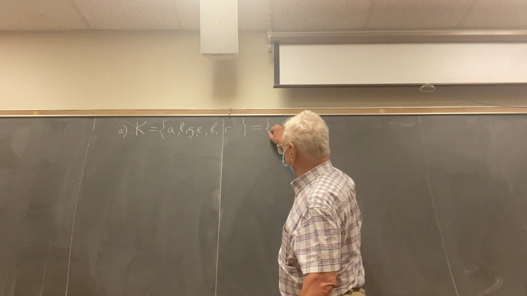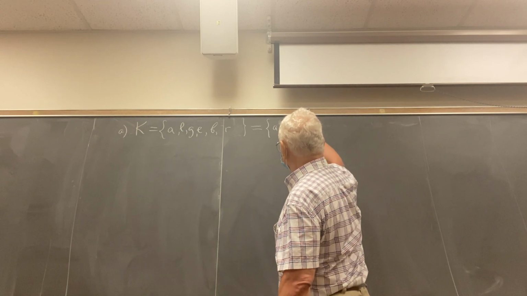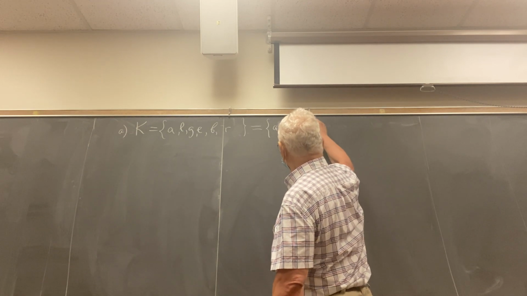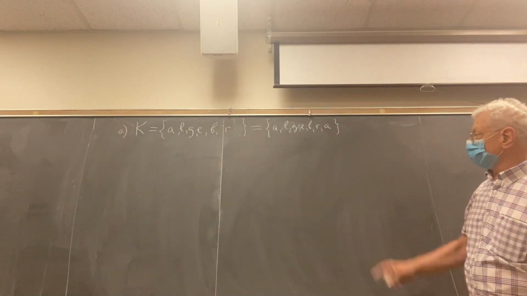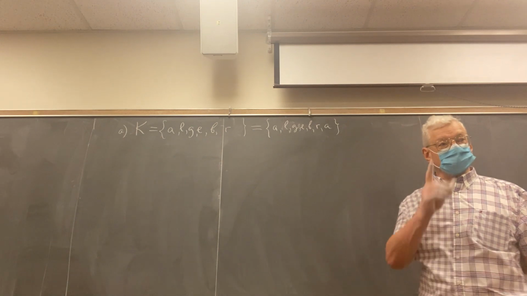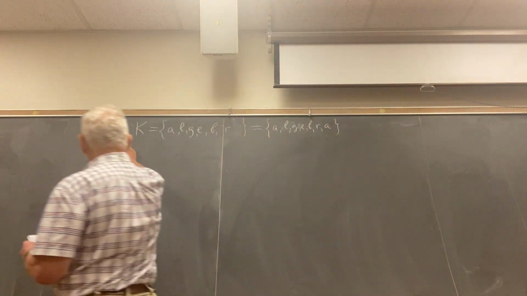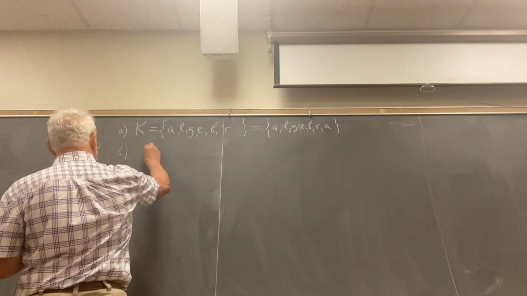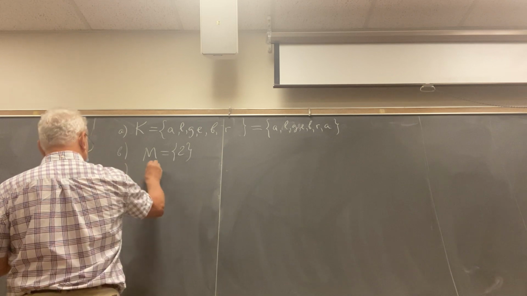This is the same set as A, L, G, B, R, A, because that element is counted twice. Only one time you have to use it. So first, this is B, M is that one, and C is the empty set.